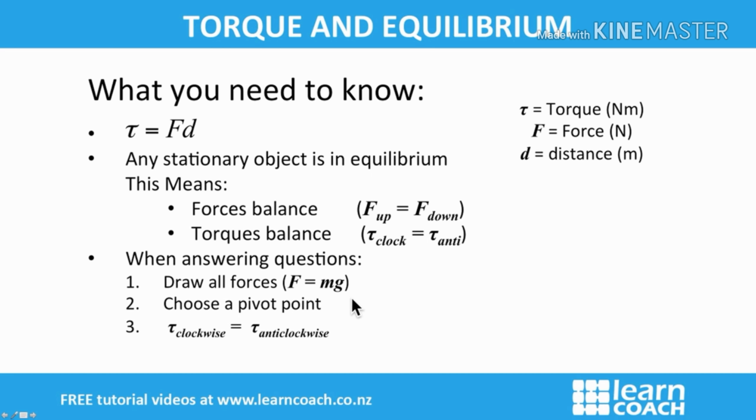The third thing we want to do is do the torques clockwise and the torques anti-clockwise. We can work these out using this initial formula of force times distance, and remember, distance is always going to be the distance from your pivot point, not from the end of the bridge. And finally, if you haven't found a complete answer just using torque clockwise equals torque anti-clockwise, you can use the idea that forces are balanced. So the force up equals the force down.